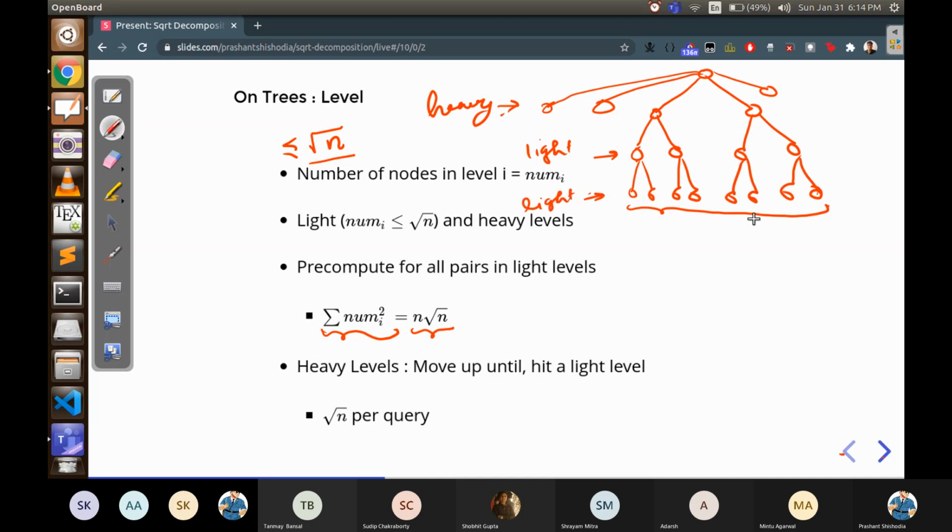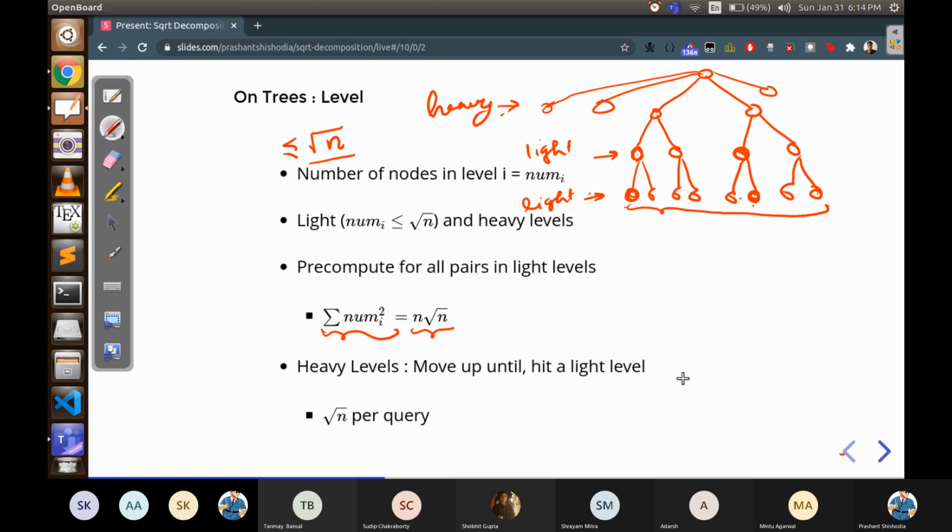So what I do is, suppose I am on the ith level and I have the answer pre-computed for each pair on a light level. So I'll have to compute the answer for this level. Okay. So consider any pair and the above level is light. What I can do is I can just compute its answer by multiplying these two, and I can get the answer of this pair.